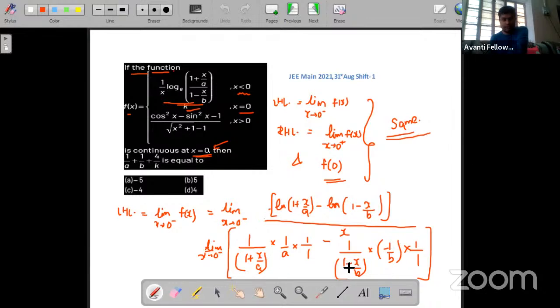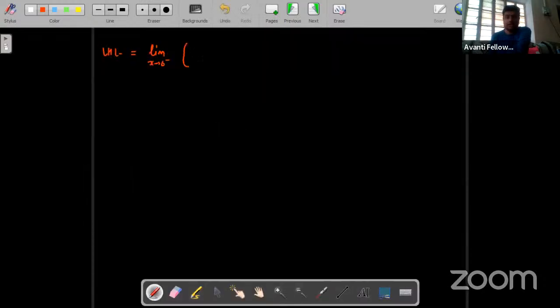Here also, if I put x equals 0 minus, then this is 0. So we are getting 1 minus 1 by b, and with a minus, this will be plus 1 by b. So we are ultimately getting 1 by a plus 1 by b. Clear?